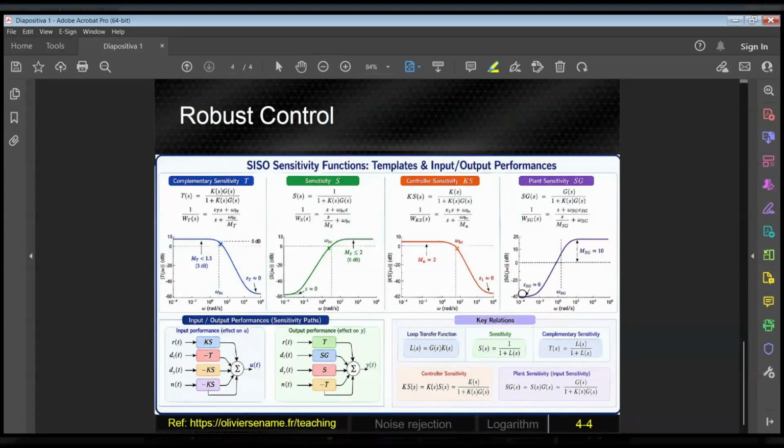Therefore, its desired behavior follows the same philosophy as S. So it means strong disturbance rejection at low frequencies, and robustness and noise rejection at high frequencies.